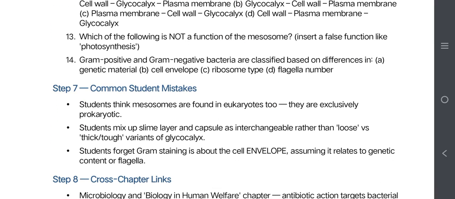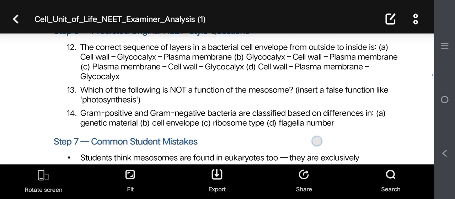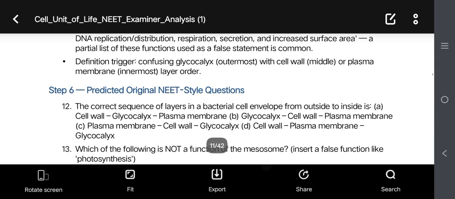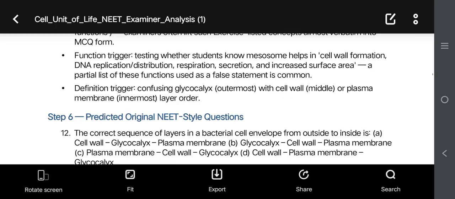Which of the following is not a function of mesosome? The examiner will insert a false option like photosynthesis. As we discussed above, the functions are cell wall formation, DNA replication and distribution, respiration, and increasing surface area.